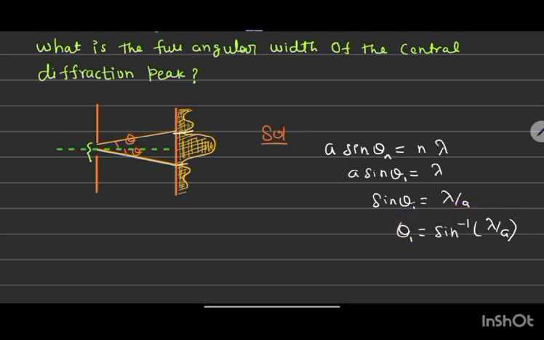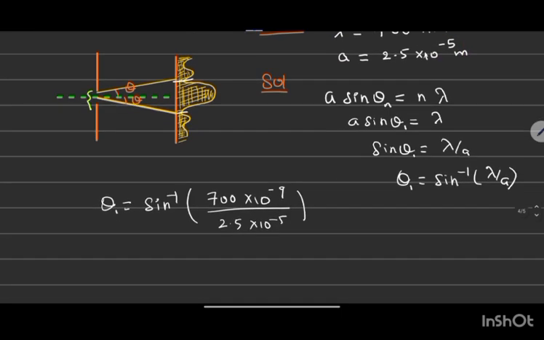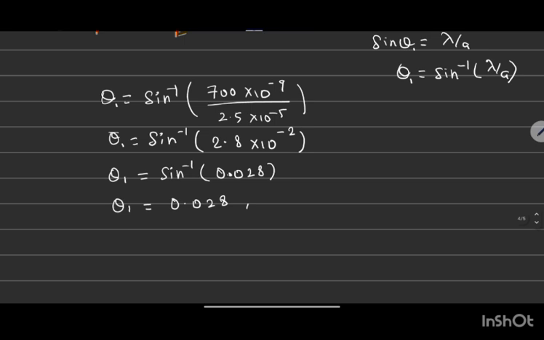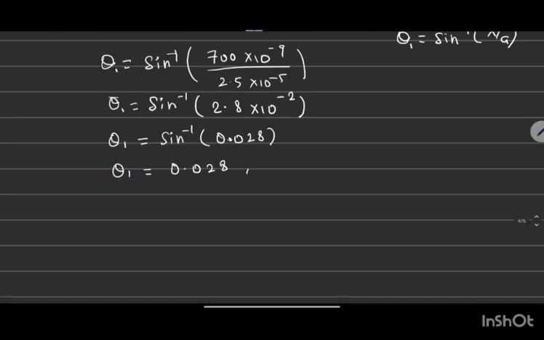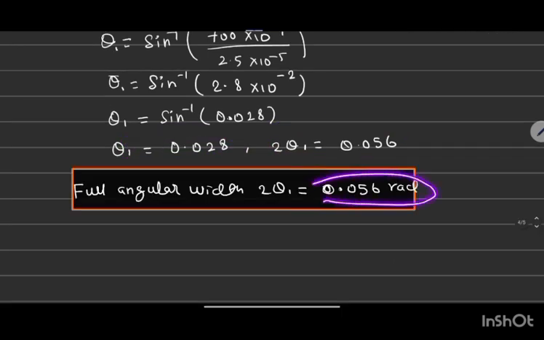In this equation, substituting the known values, we get theta 1 equal to sine inverse of this, and simplifying, theta 1 is equal to sine inverse of 0.028, and this is approximately equal to 0.028. So this theta 1 is the half angular width. For the full angular width, one has to multiply by 2. This is the full angular width of the central maximum for the given parameters.